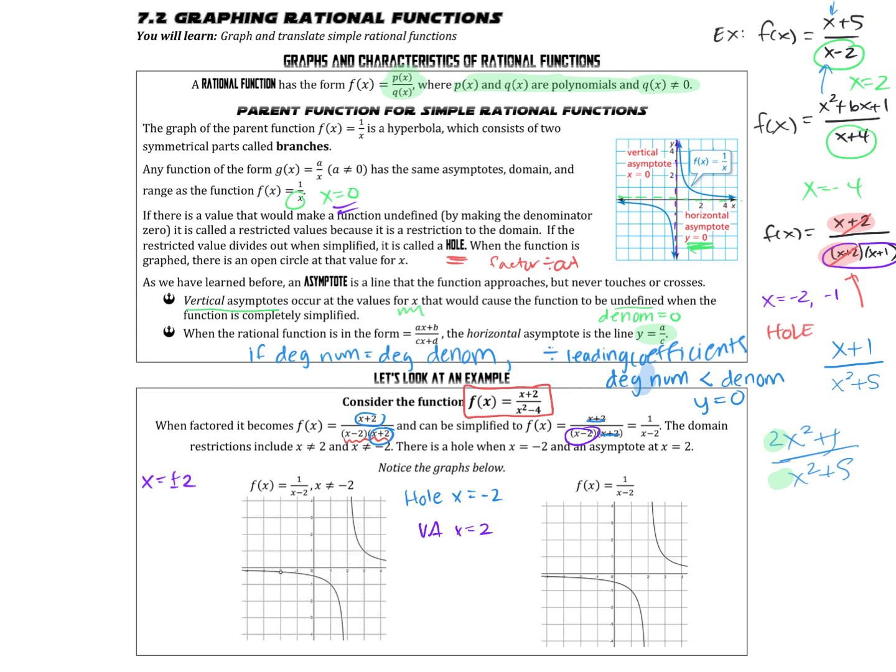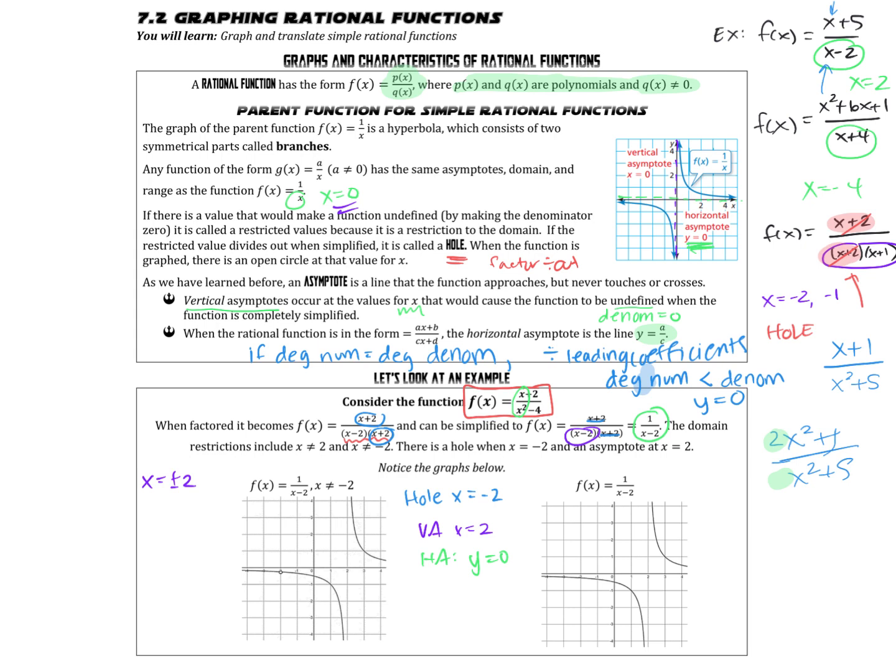Now, here, if we look at our horizontal asymptote, so if we're looking at dividing the coefficients, after we have simplified this, or even if you look back up here, the degree of the numerator is exactly 1 fewer than the degree of the denominator, so we have a horizontal asymptote at y equals 0.